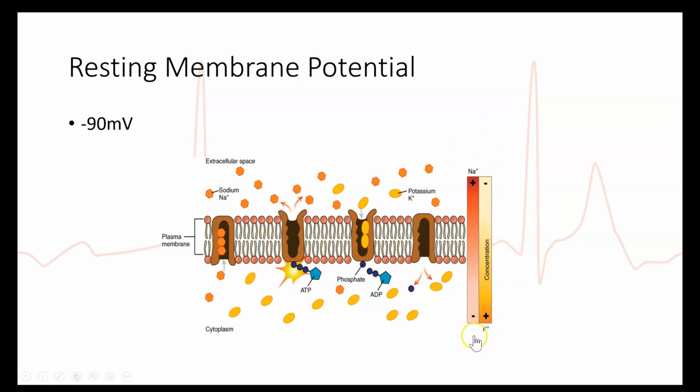So naturally we want 100 potassiums on the outside of the cell, a resting membrane potential, and 1 comes in for every 100 potassiums moving out. So what happens? We have all those negatively charged anions, which gives us that negative resting membrane potential. Because we are moving a lot of something positive out and leaving negatively charged particles behind, giving us a resting membrane potential of negative 90 millivolts.